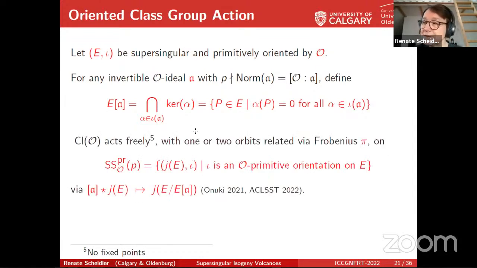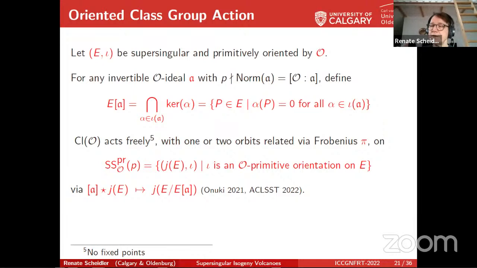And there are subtle differences to the class group action. It behaves a tiny little bit different. So firstly, it's not only faithful, it's actually free. This is a stronger condition. It's fixed point free. That's what free means. It has no fixed points, but it's no longer transitive because it may have two orbits. It may have one orbit or two orbits. And the orbits are related by the Frobenius endomorphism, the one that maps everything to the qth power.